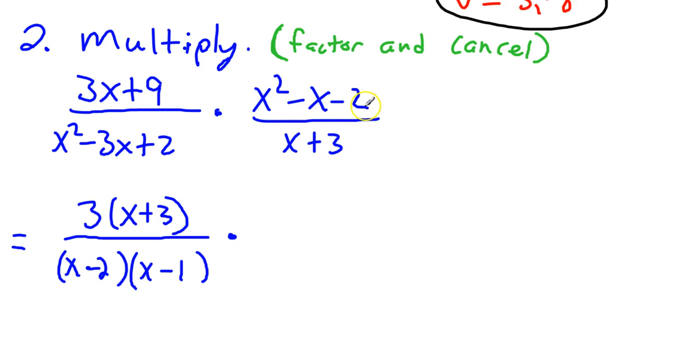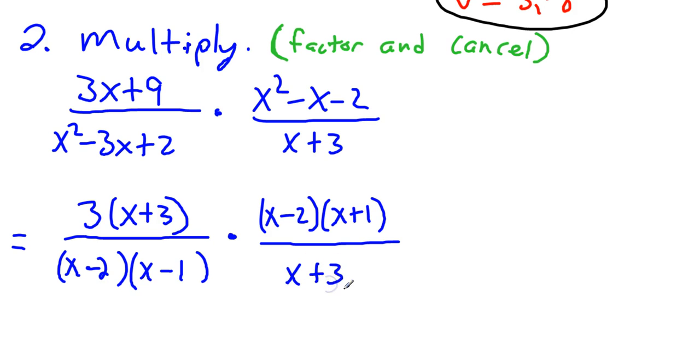For x squared minus x minus 2, again the factors of 2, so that's got to be 2 and 1. And then since the middle term is negative, the 2 needs to be negative and the 1's positive, and then we've got the x plus 3 on the bottom.